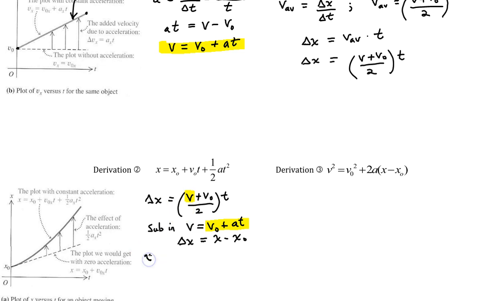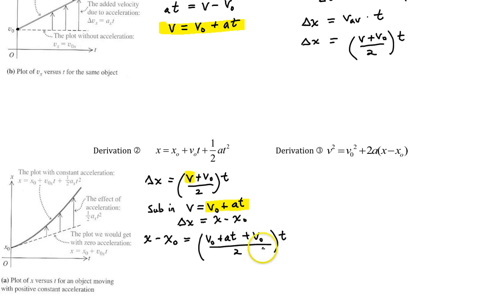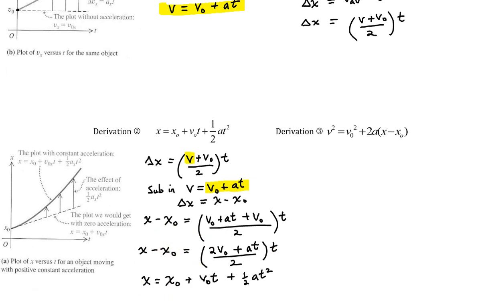So we have x minus x sub 0 equals, in brackets here, v sub 0 plus at plus the other v sub 0 all over 2. And this is multiplied by t. Let's do some combining over here. I have now 2 of these. And then to get rid of the brackets and bring over this x sub 0 to the other side. And you should get the final expression right here.